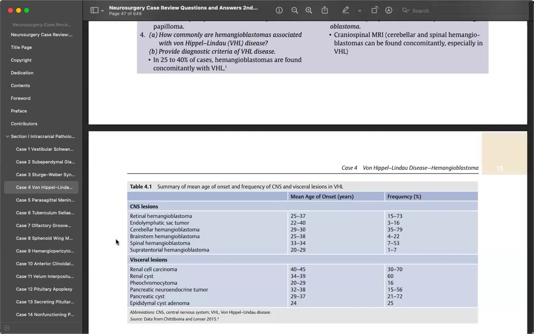Now, it's important to note this because some of these patients, according to Greenberg, may develop retinal hemorrhages. I think this table is actually from Greenberg. Those with retinal hemangioblastoma.